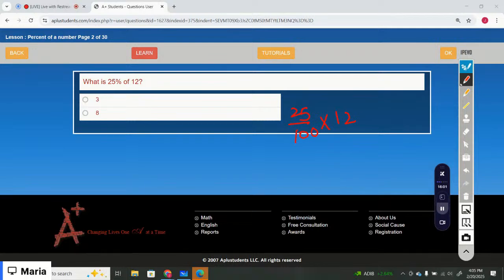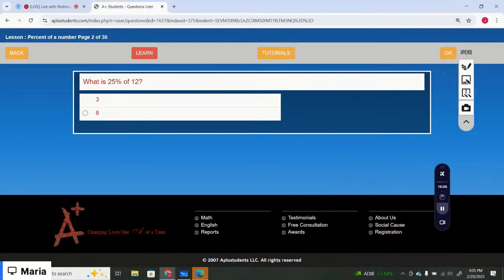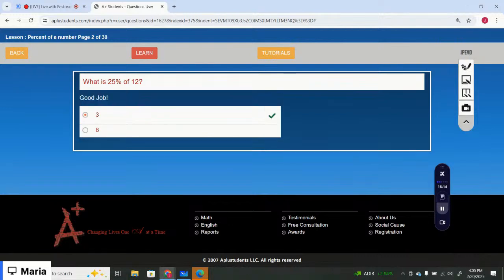So which is the correct option? That is 3. 25% of 12 is 3. Option number 1 is the correct option.